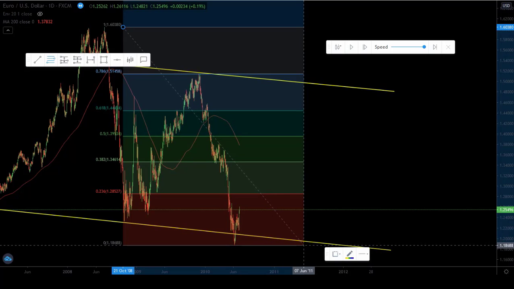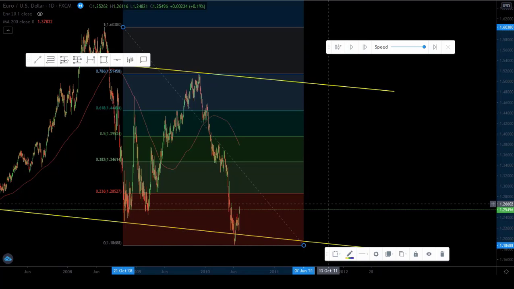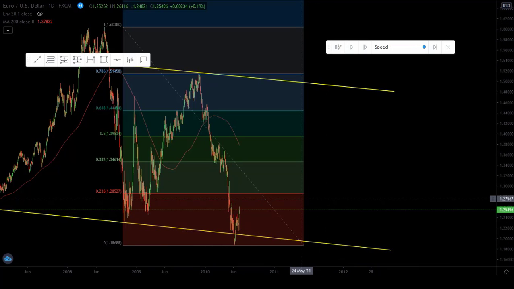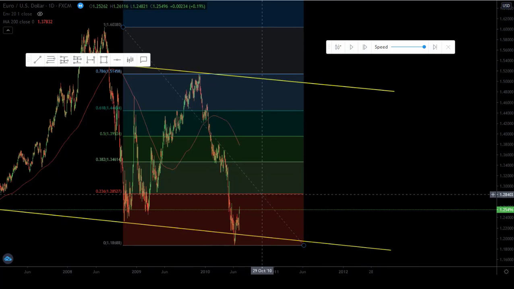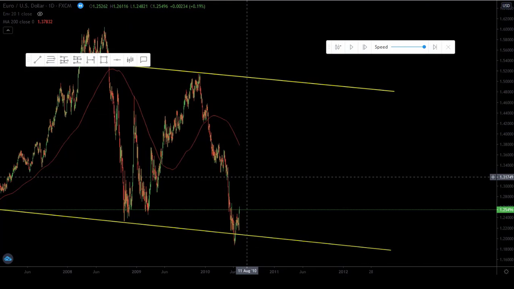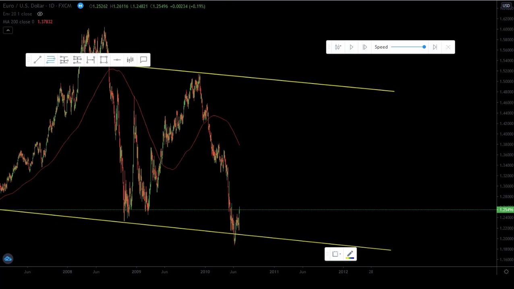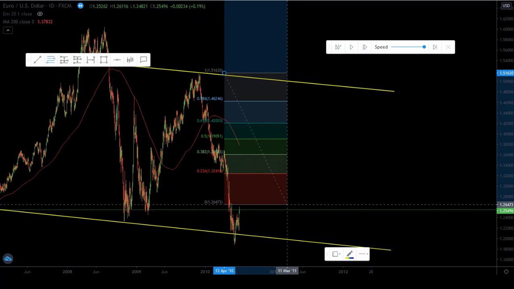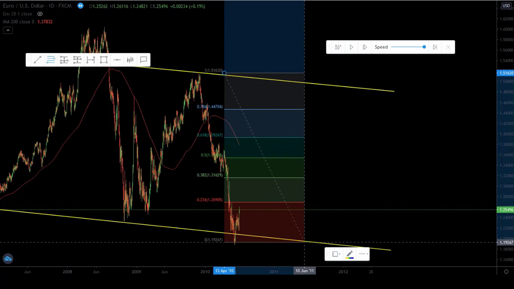I'm going to bring up my Fibonacci so that I can see how the trade is going in the long-term run. We're still in the red zone. Next, I can bring out the Fibonacci again to identify the short term.